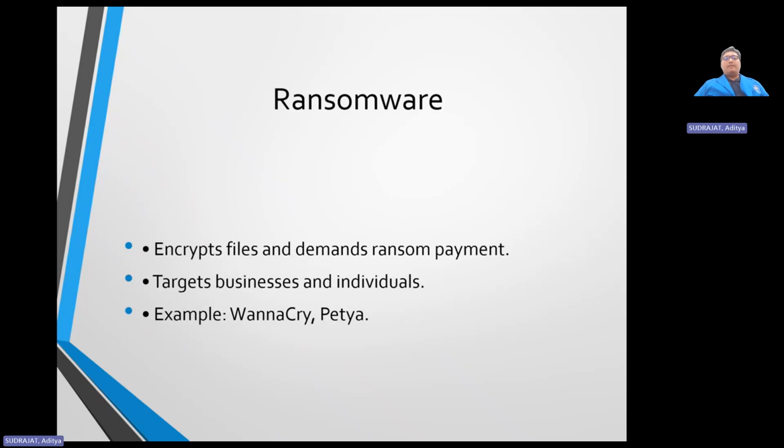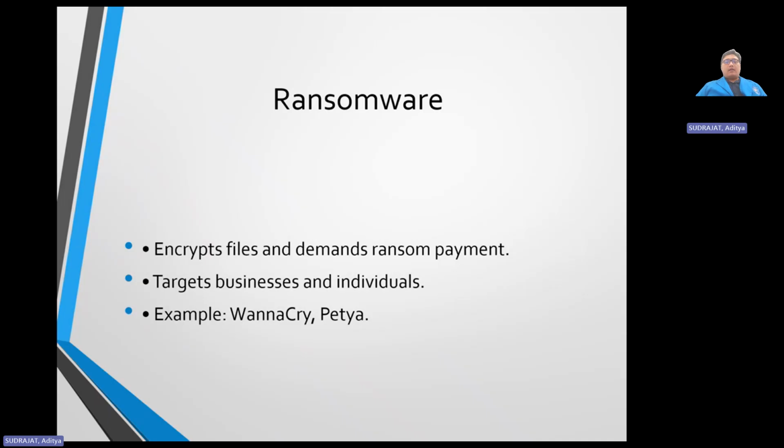Ransomware encrypts files and demands ransom payment. Like I said, it locks your data, only the ransomware owner can unlock it, and we have to pay for it. Ransomware can target businesses and individuals.